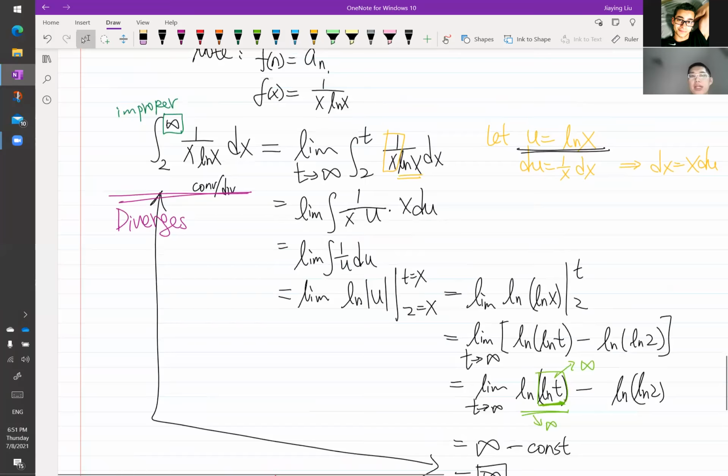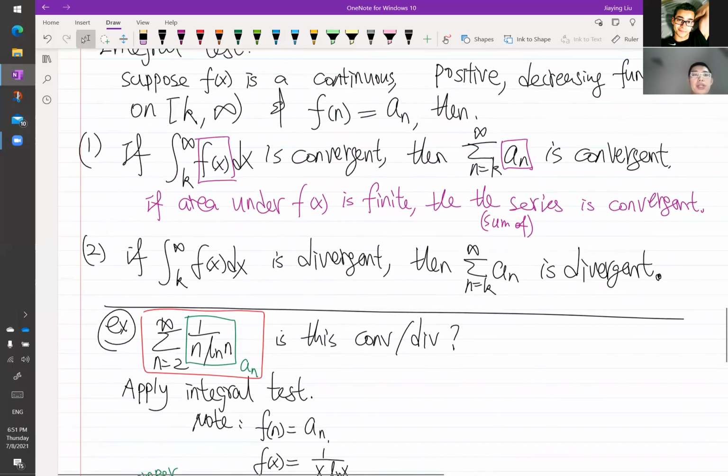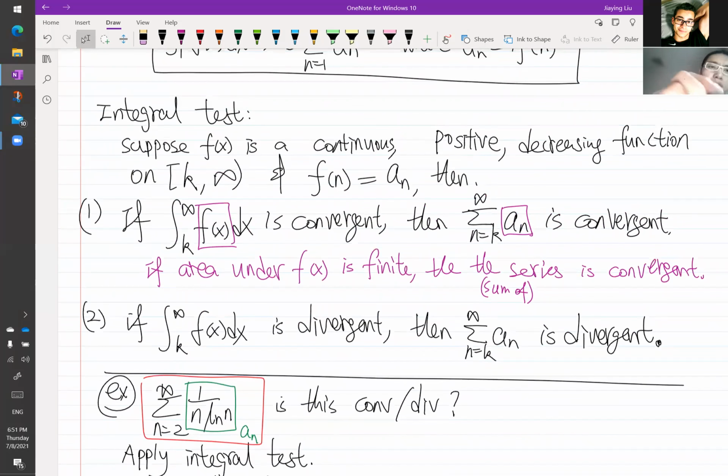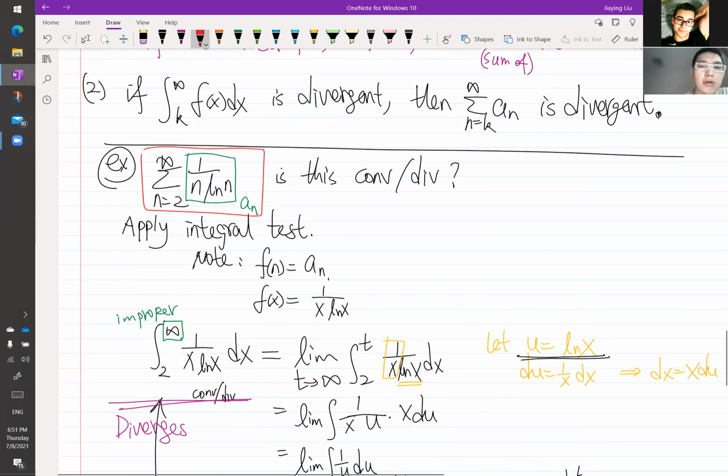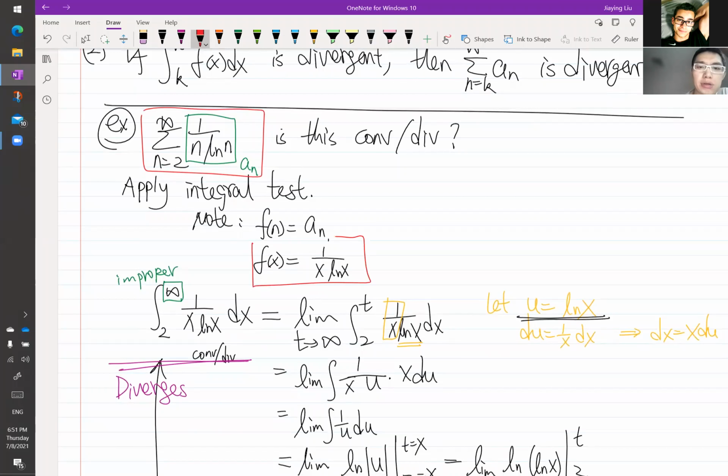Now, I want to point out a few things I didn't mention. So in the integral test, the condition is that f of x has to be continuous, has to be positive, and decreasing in the interval that you're considering. Here, I did not talk about them, but if you look at the function an or f of x, you got 1 over x natural log of x.